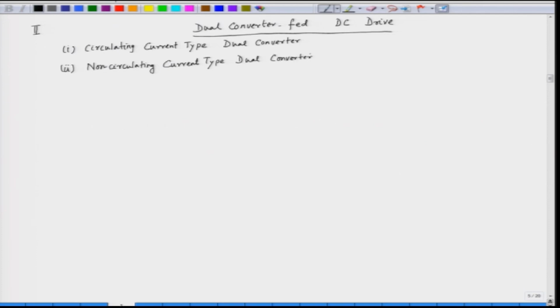For today's discussion, we will take up the circulating current type dual converter and see how the connection is made with the armature circuit.